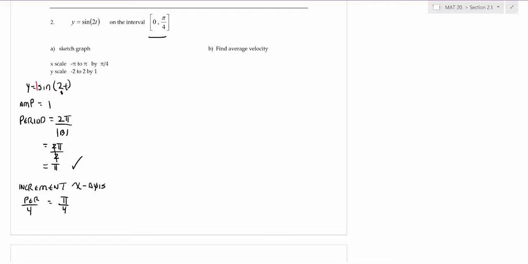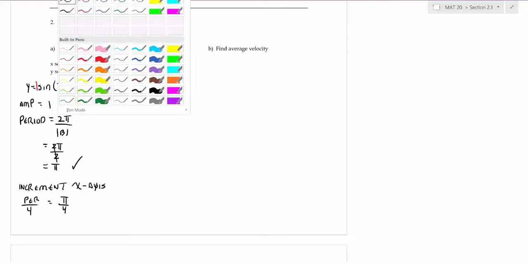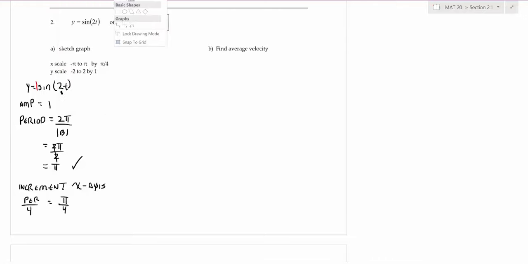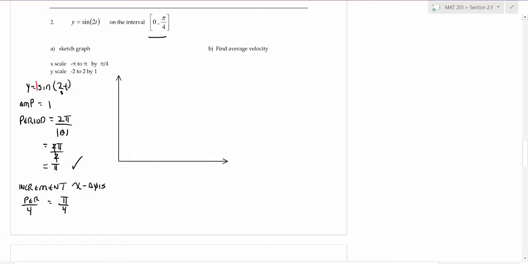So again, what we're going to do on this one is sketch a graph, this time without the calculator again. And we're just going to look at from 0 to pi over 4 is basically what we're interested in. I'm going to take the graph out a little bit further, mainly for the purpose of review.